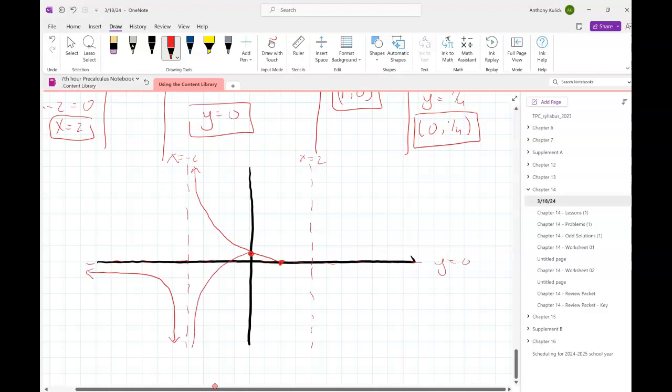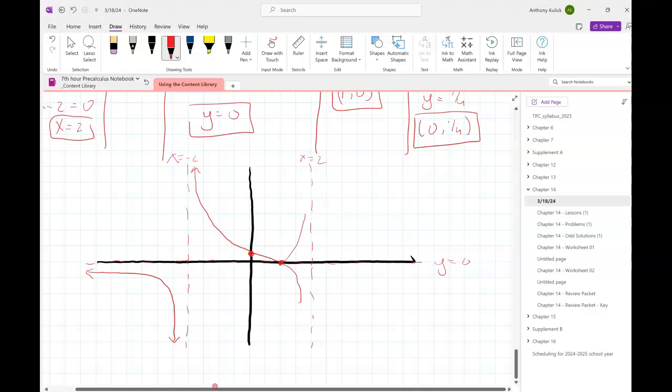I couldn't start down here and cross, because I found all the zeros, so I can't have that crossing. Everybody's okay with that reasoning? But I do need to figure out whether this last piece goes like that or like that.